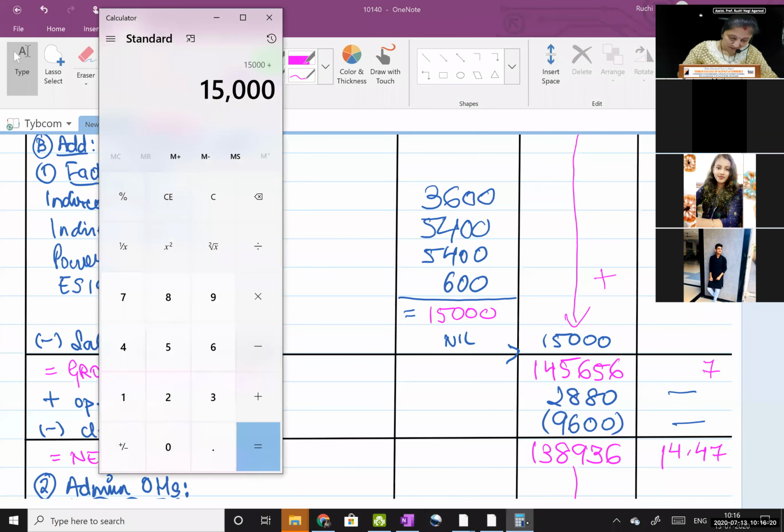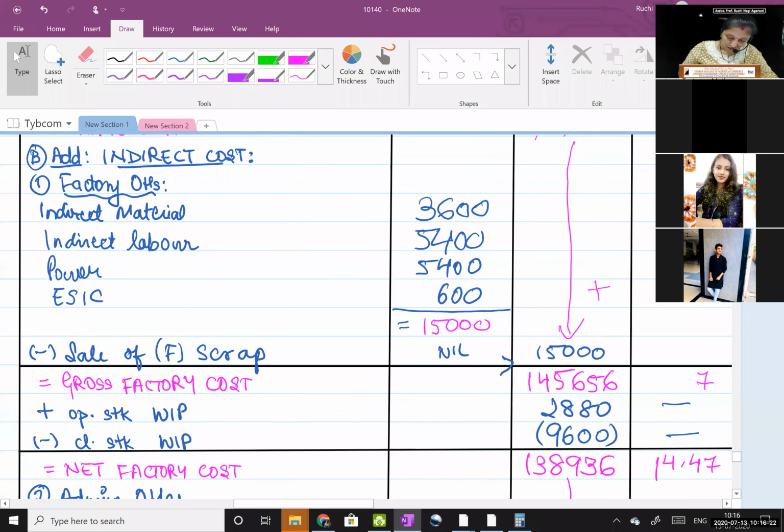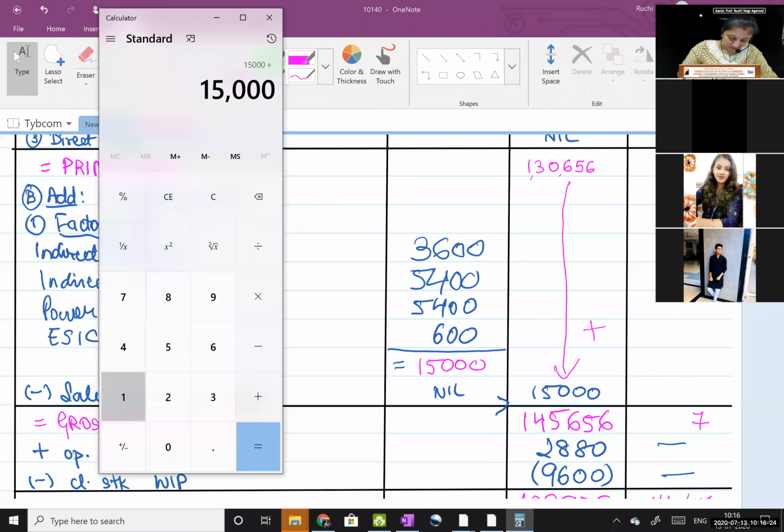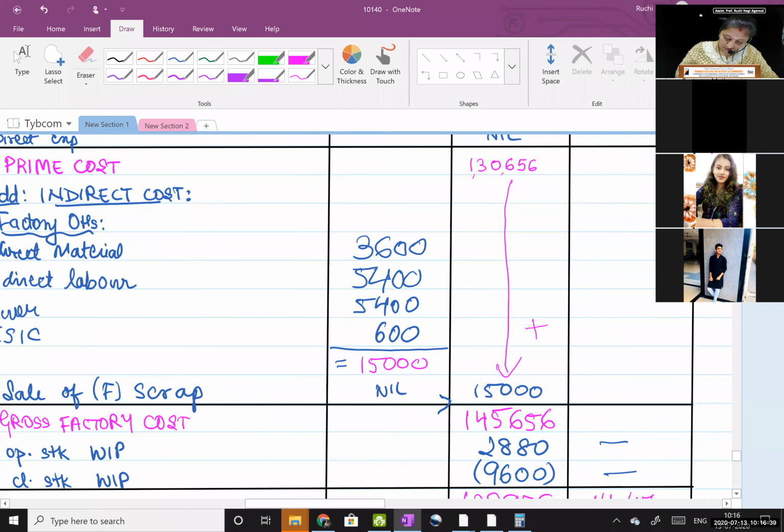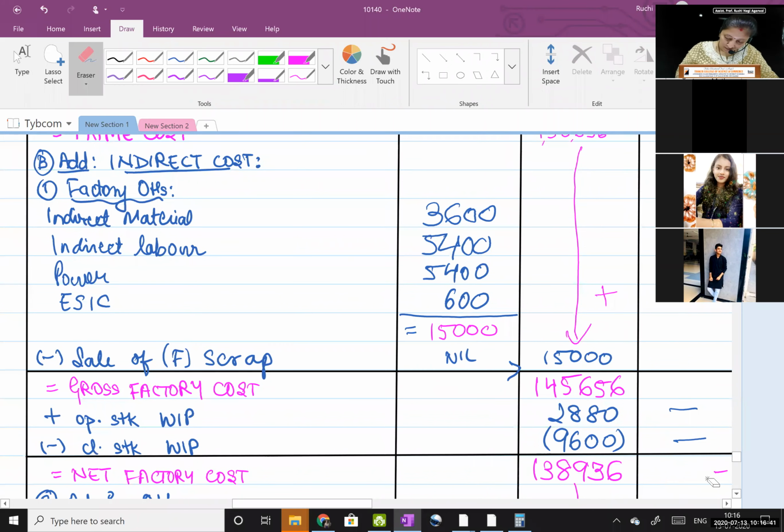Add your prime cost. 1,30,656. So 1,45,656 is my gross factory cost.